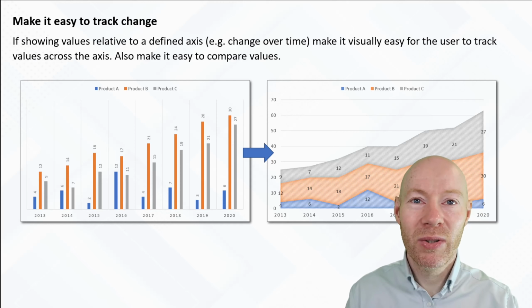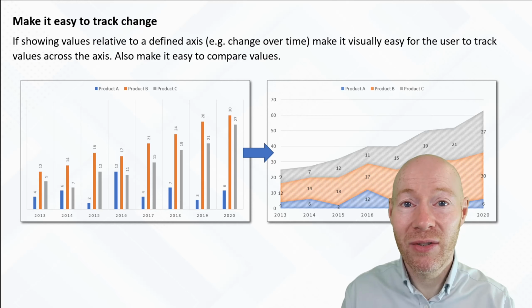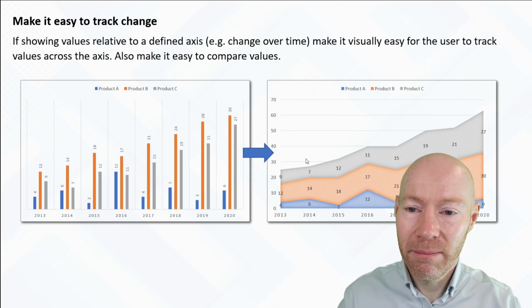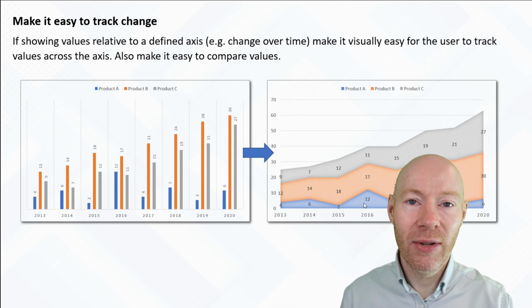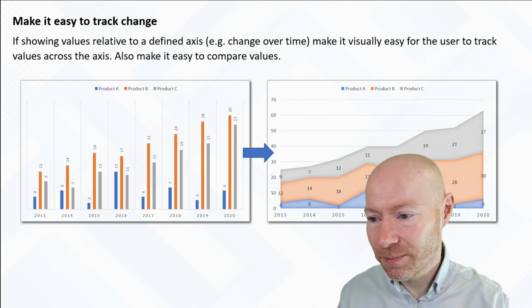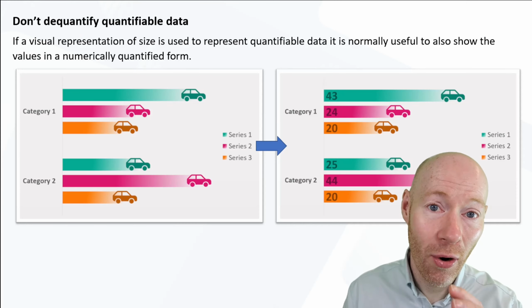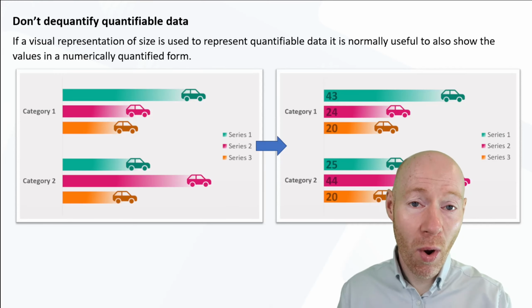So that's a much better visual way of being able to show the types of relationship that we feel the user is going to be interested in. And again, we're putting in our numerical label, so that helps provide the user with an indication of the actual absolute values.